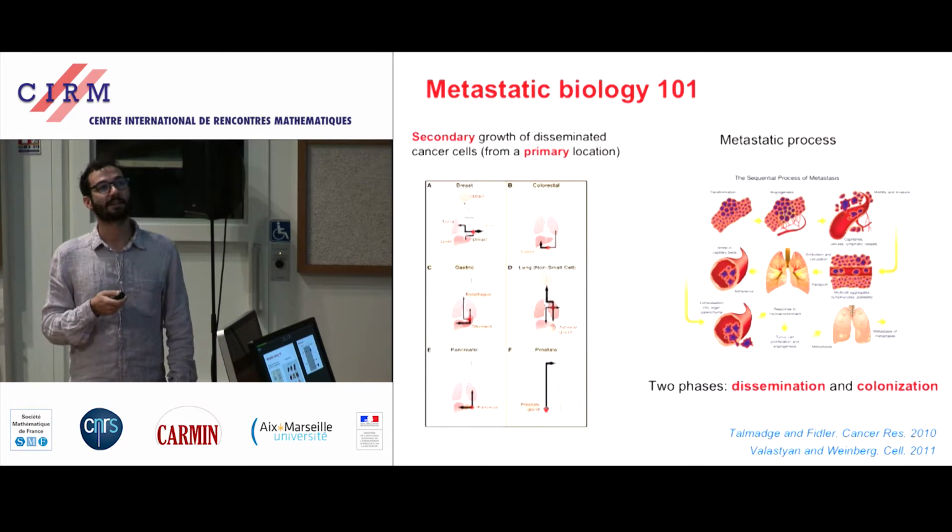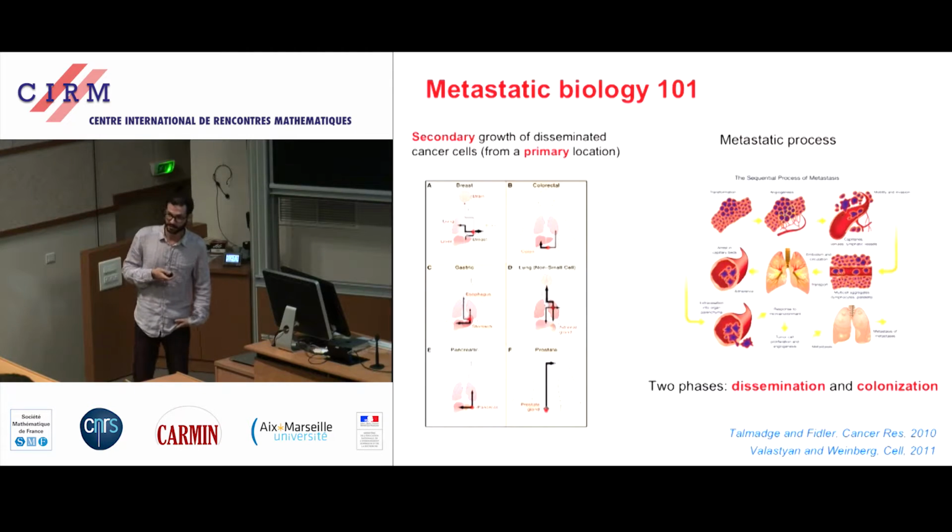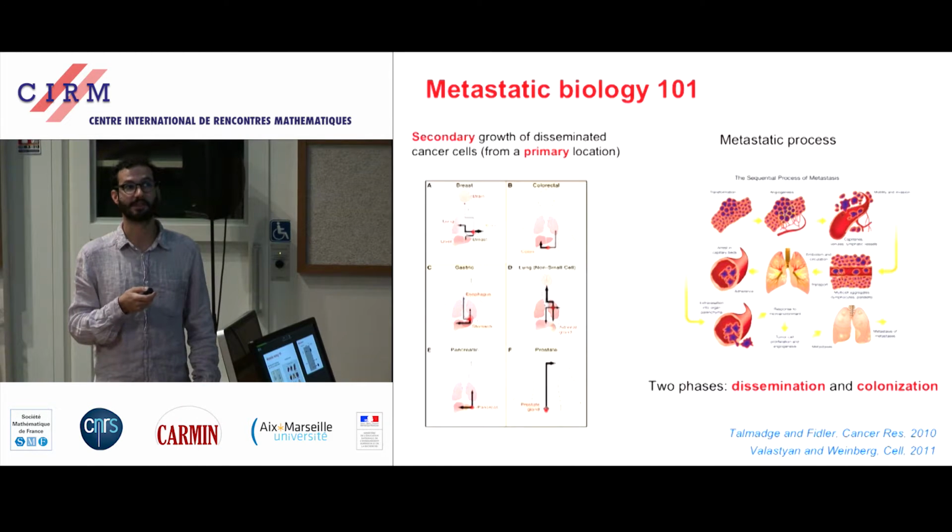The metastatic process is usually described in the biological literature as a sequential process, where you have sequential steps that have to be overcome in order to lead to metastasis. You start from a primary tumor that is a neoplasia in an epithelial tissue, for instance, and first you have to undergo angiogenesis.